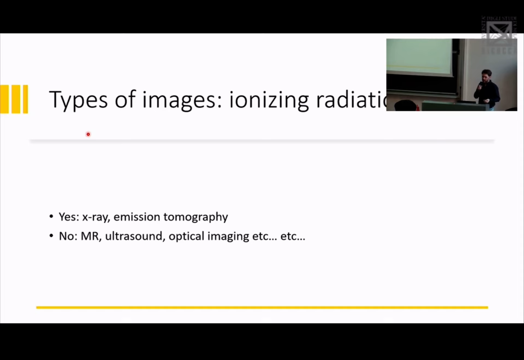Last type of category is the use of ionizing radiation or not, because ionizing radiations are bad. And so we have modalities that do use ionizing radiation, which is X-ray and emission tomography, and modalities that don't use it, which is magnetic resonance, ultrasound, optical imaging, visible imaging, microscopy, and so on.